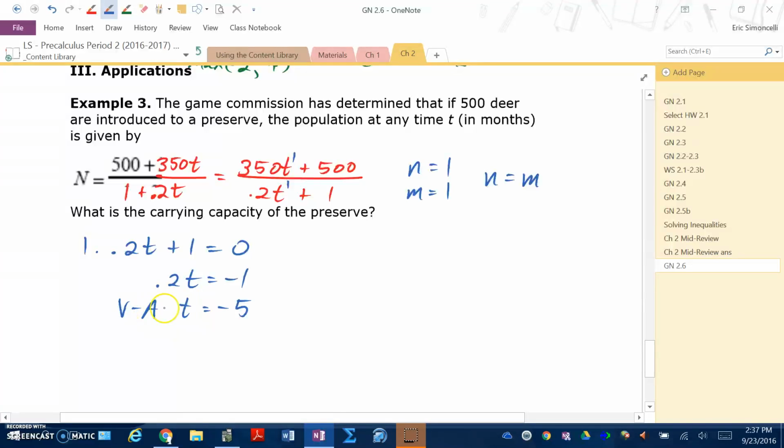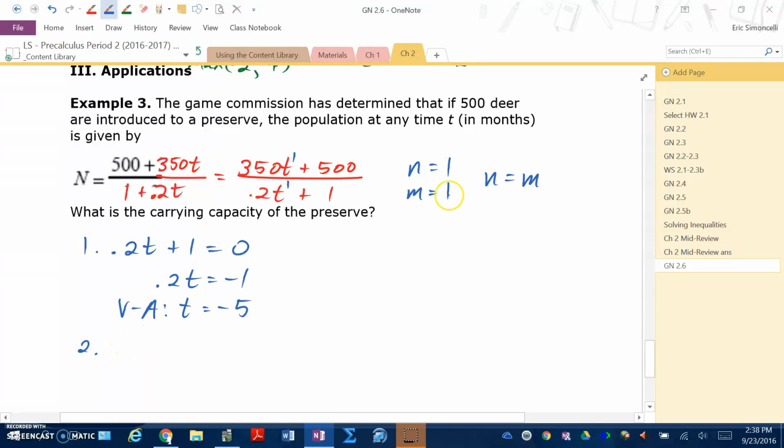So my vertical asymptote is at -5. It will turn out to not be of importance on this particular problem because we're talking about t in months, unless we went back prior to whatever year we're talking about, which we're not here. It won't be relevant. So I'm going to go ahead and find my horizontal asymptote.